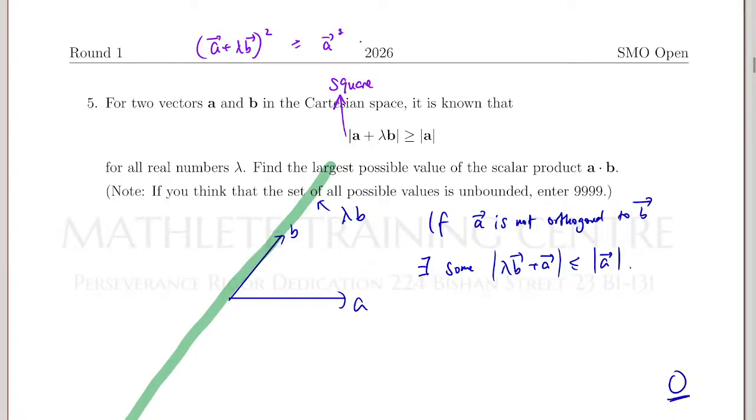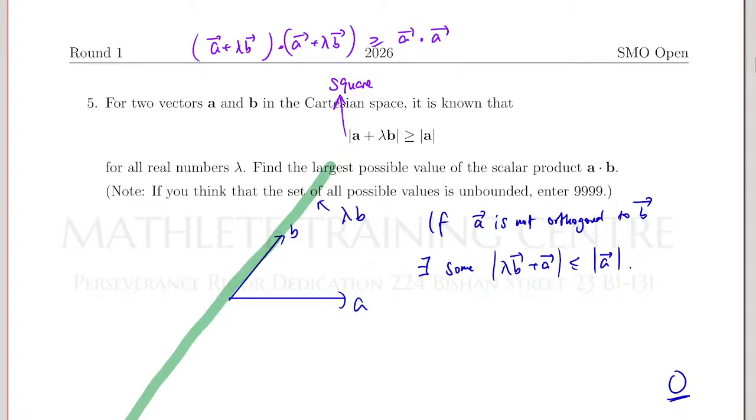Technically, if you write this notation you're wrong, because there's no such thing as a square of a vector. What you have when you have a square is actually the dot product. So the dot product of A plus lambda B with itself has to be at least the dot product of A and A.